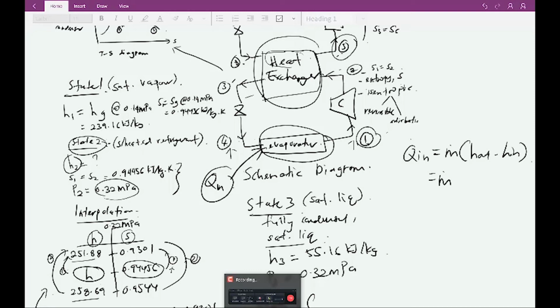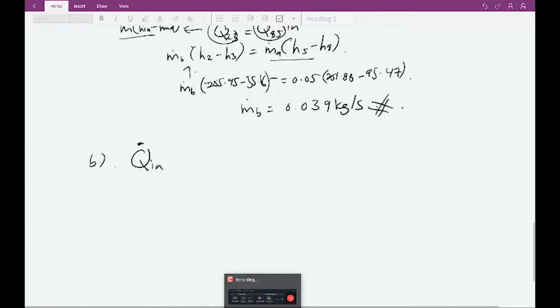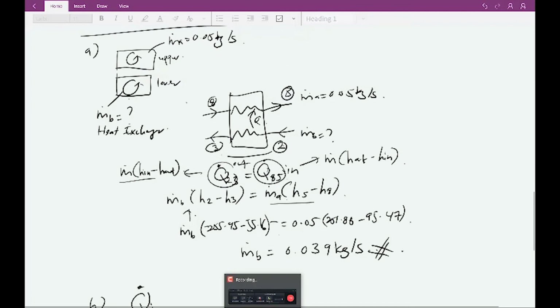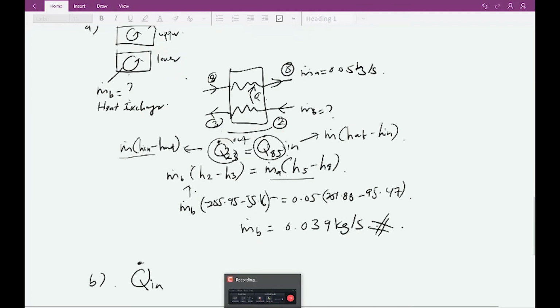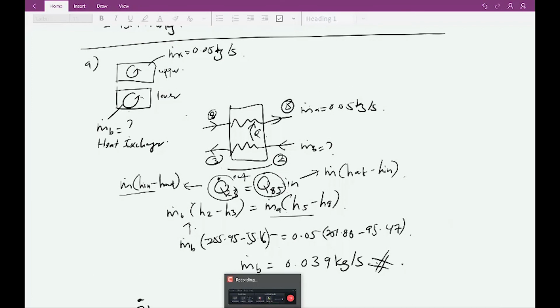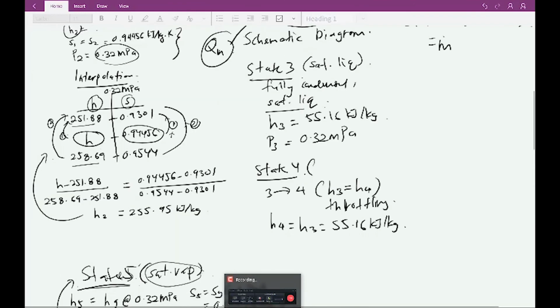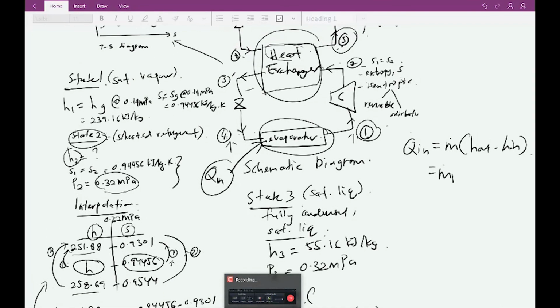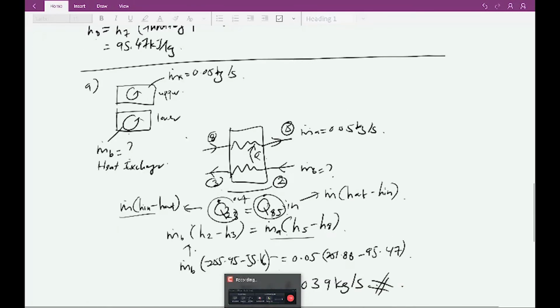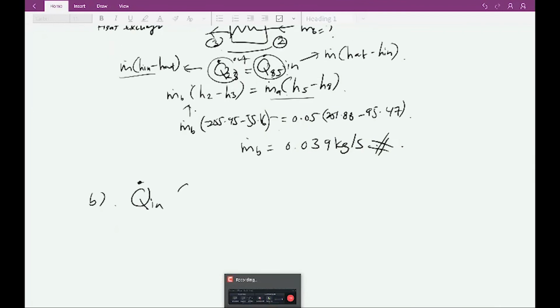On the lower cycle we use m dot B, and H out is H1 minus H4. So copy again, Q dot in equal to m dot B (H1 minus H4).